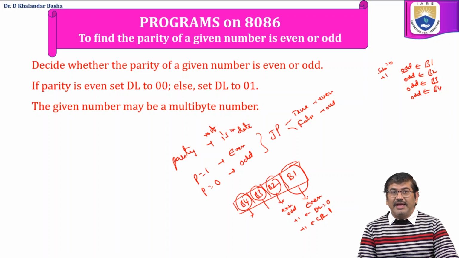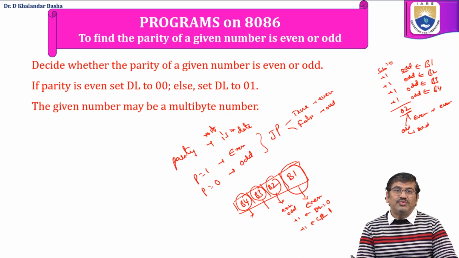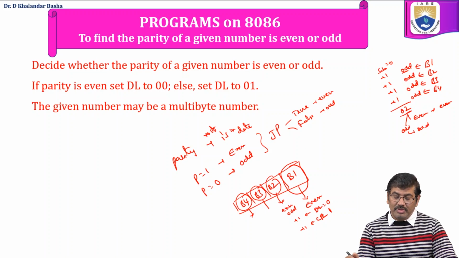Again you found an odd number, so increment it. Again. So what is the value you will get? 2. So when you have an even number in CL, it indicates an even parity. If it is an odd number, then it is odd parity. See now how many odd numbers we got? 4. So 4 odd numbers if you add, again we are going to get an even number.